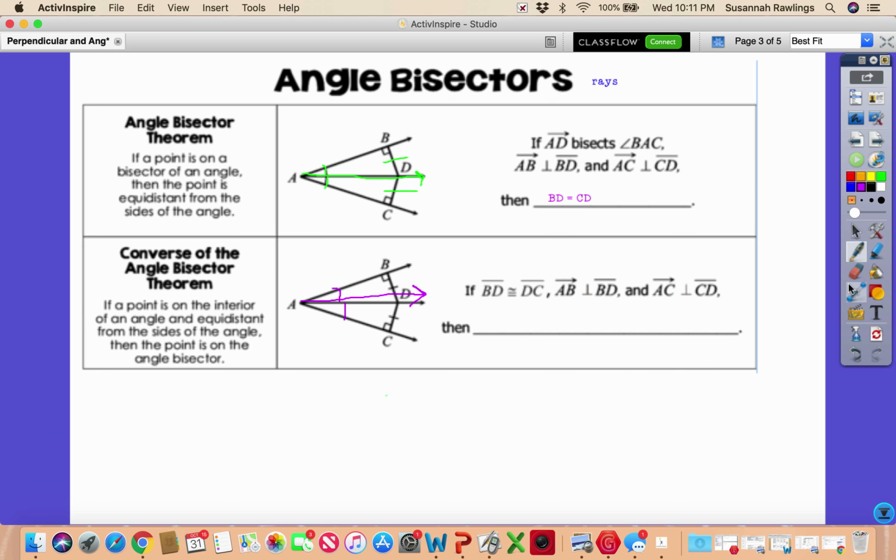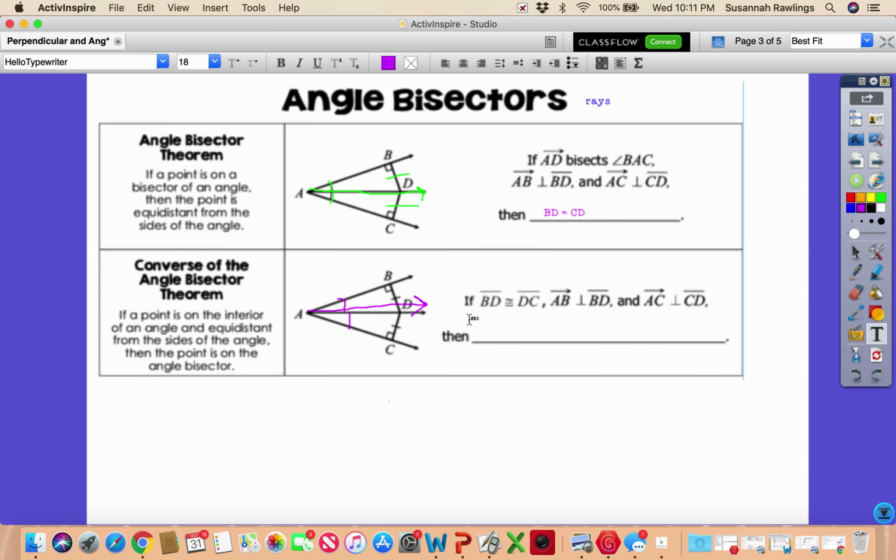But in order to name those two angles, remember, it's just like we draw it. So CAD is going to be equal to angle BAD.